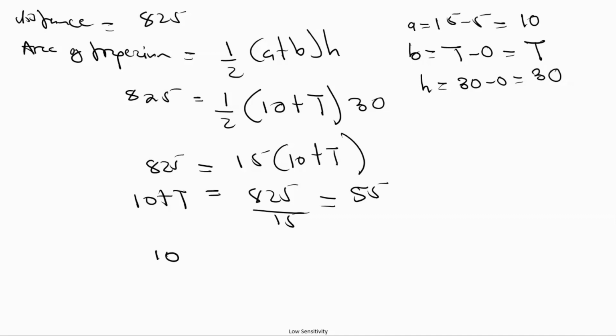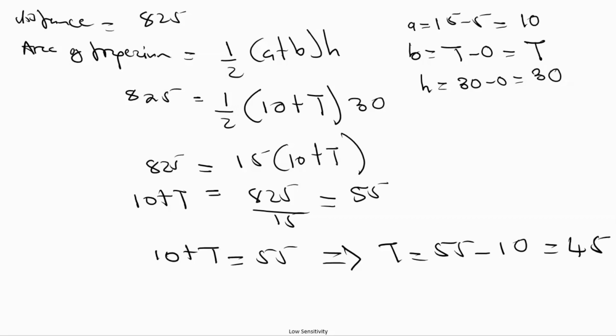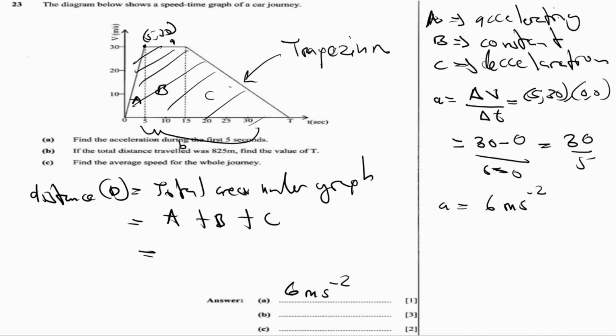So we have 10 plus T equals 55. So we can write T equals 55 minus 10, which is equal to 45. So we now know that the value of T here is 45 seconds.